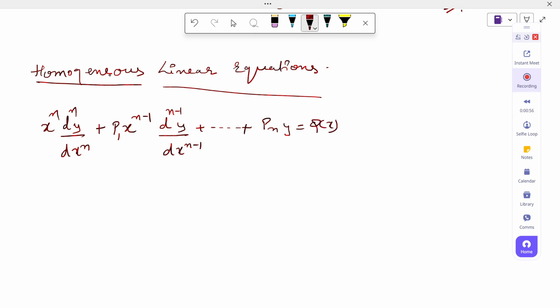Here p1, p2, p3, p4, and so on up to pn are real constants, and q of x is going to be a function of x.